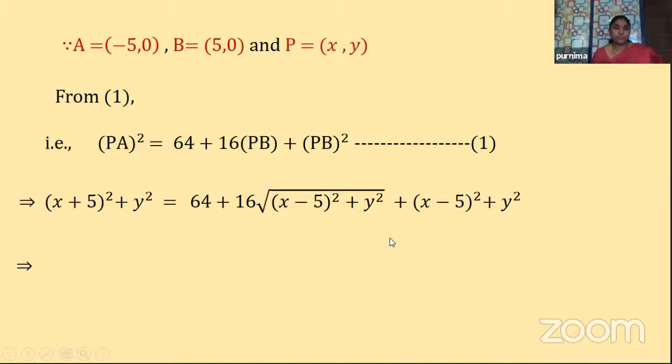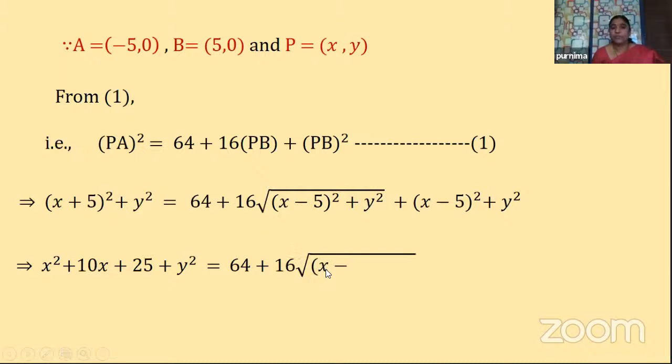Now here x + 5, I'm expanding using the (a + b) whole square formula. x square + 10x + 25 + y square is equal to 64 + 16 into under root (x - 5) whole square + y square + x square, and this should be expanded along the (a - b) whole square: x square - 10x + 25 + y square.